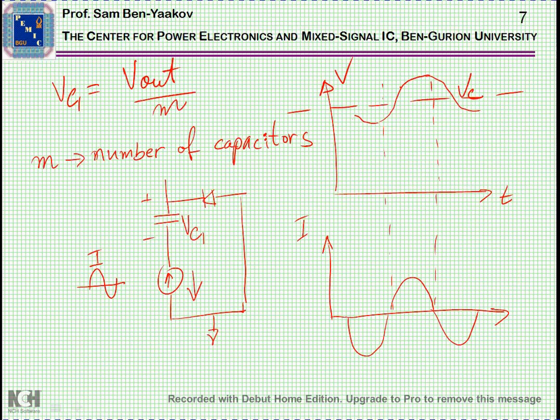However, if the source is a current source, the story is entirely different. We are forcing a current, say in this first negative half cycle, through a capacitor. This will be the same for the other capacitors, and therefore the current will have the shape of the source. If it's a sinusoidal source, it will be a sinusoidal wave shape.